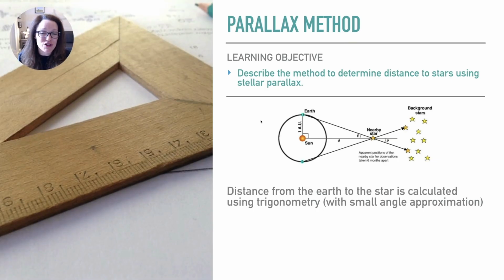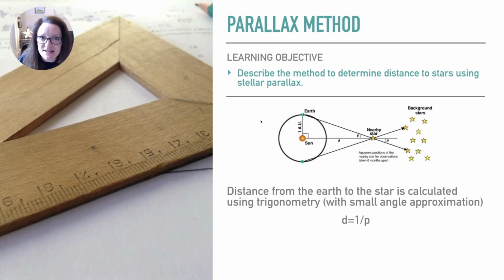Now, I've told you that the angles are really, really small. And in astrophysics and in maths of any sort, when you have a very, very small angle, you can use something called the small angle approximation. It really simplifies all your calculations. Effectively it simplifies your formula for finding the distance to a star down to something extremely simple.